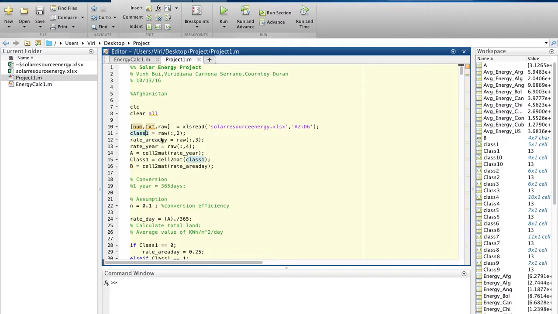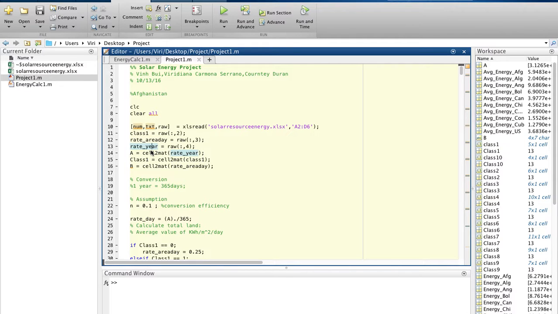As you can see here, class 1 is going to be that second column, the rate area day is going to be that third column, and the rate year is going to be that fourth column. We really don't use this value here, as we're going to replace it, given that it's not a digit for each. It doesn't give us digits, it just gives us a range. So we're gonna replace that. But you can see here how we divided the data.